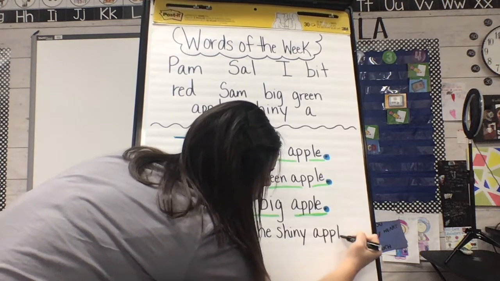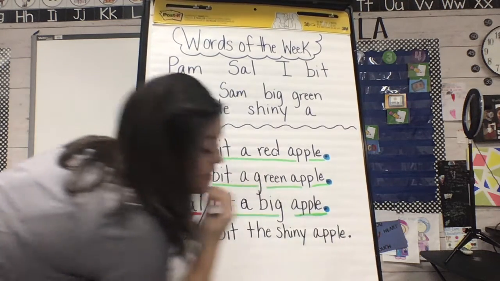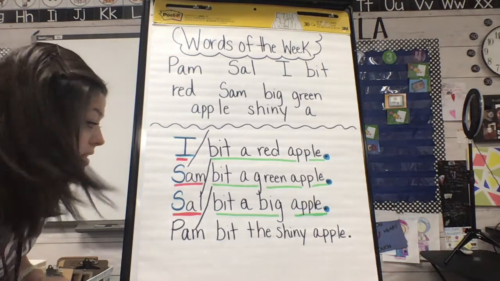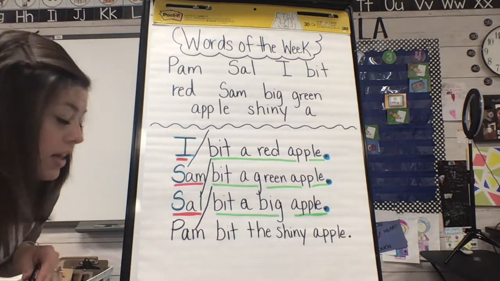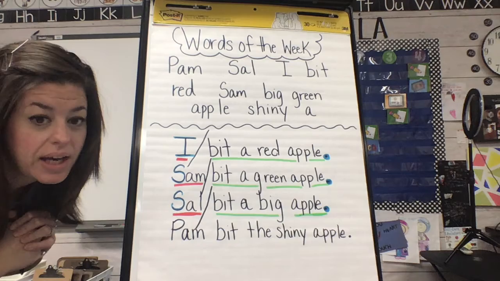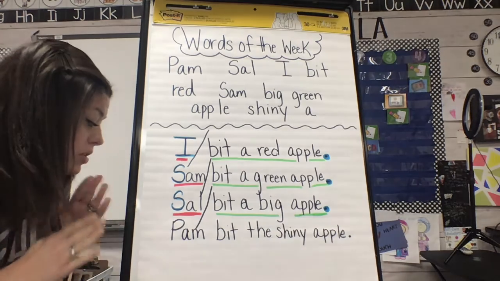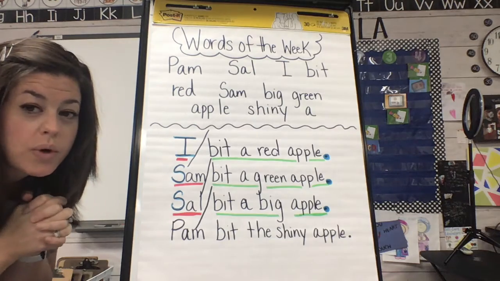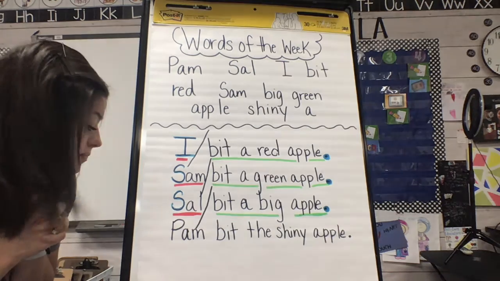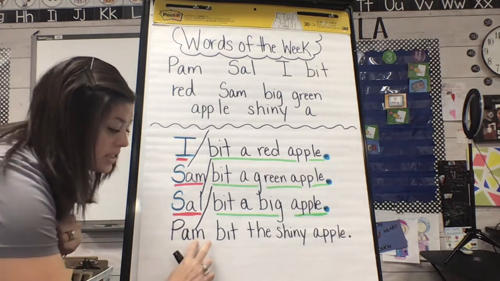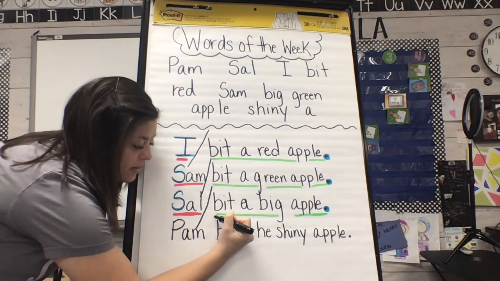And we must make sure that we always have punctuation at the end. Okay, so who do we cut in half? Because we're going to take our sentence and cut it between our subject and our predicate. So where are we going to cut it? Right, between Pam and bit.